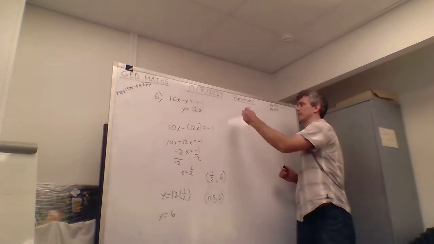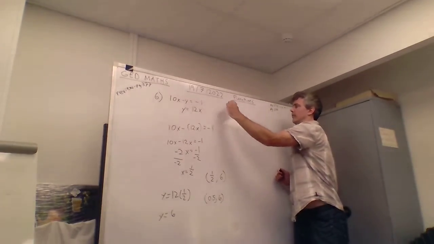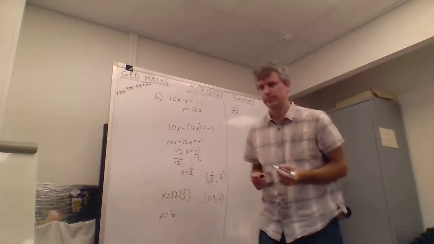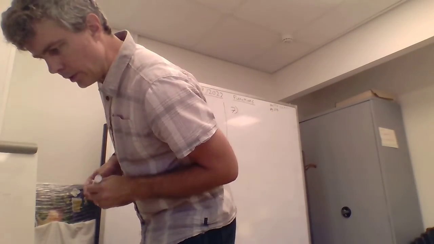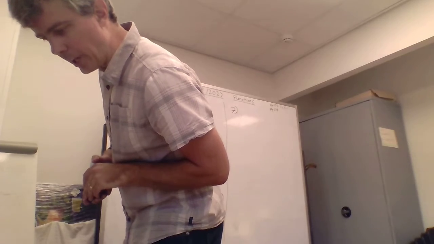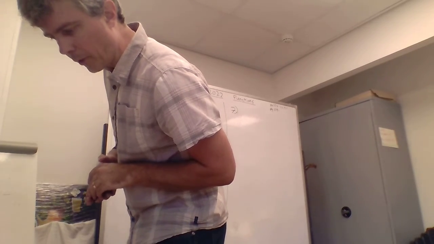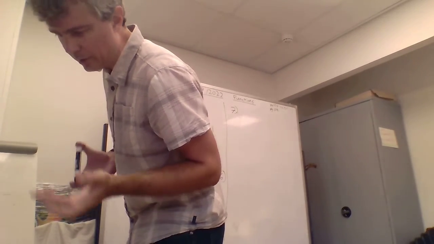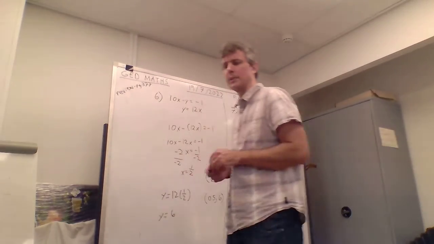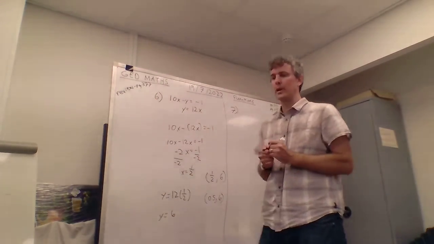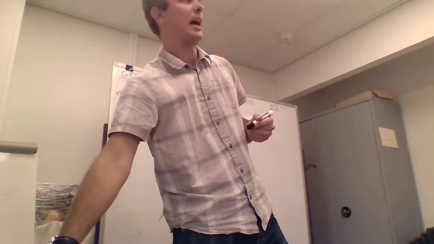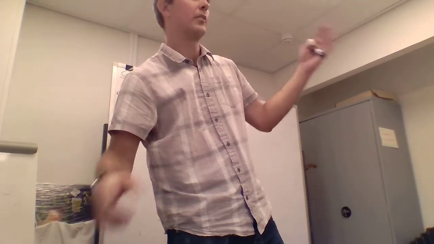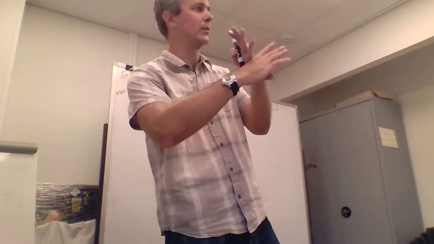Let's look at number 7. Where does the line with the equation x minus 2y equals 4 intersect with the line with the equation 6y plus 5x equals 4? Okay, so this is probably the format you will have on the exam for these kind of problems. It'll say where does this line with the equation intersect with the other line.